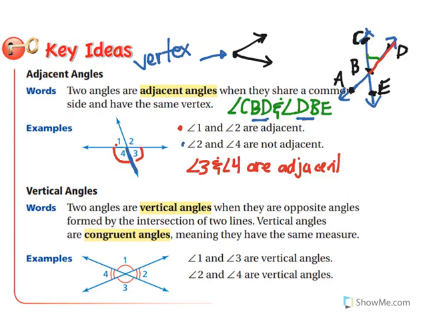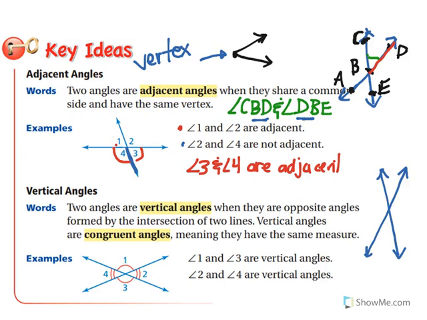And one of them, of course, would be the vertex. Now, the other type of angles we're going to deal with are called vertical angles. When you have two lines that intersect, like right here, the same thing happens every time. The first thing that happens is you have four angles that are created when two lines intersect.